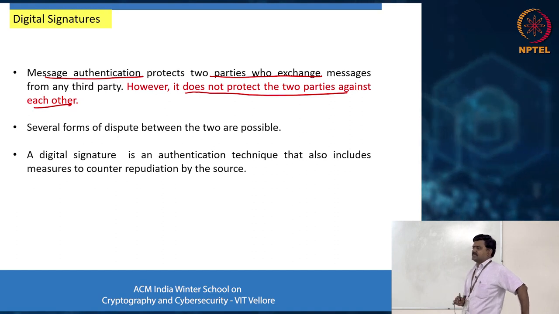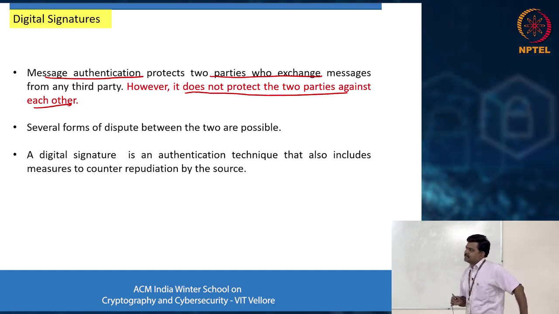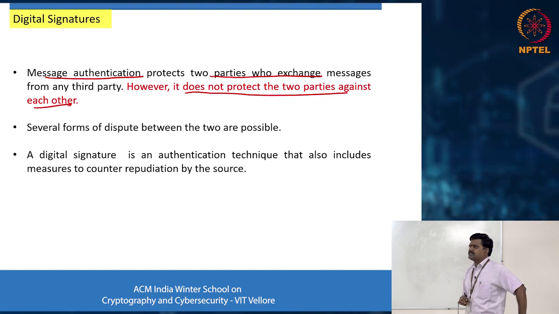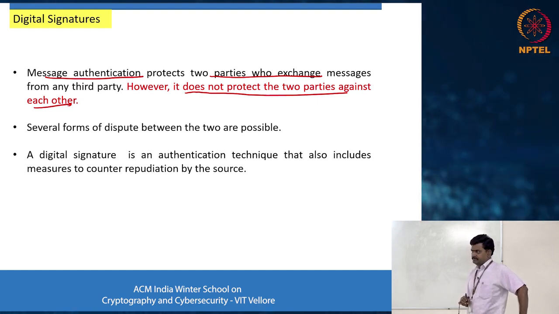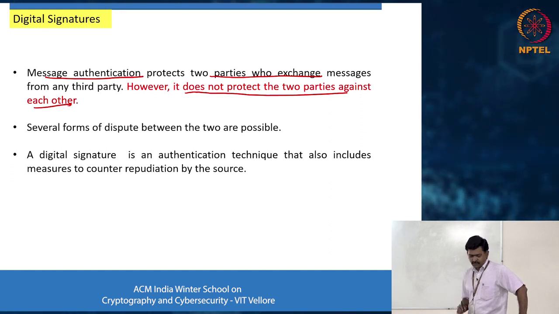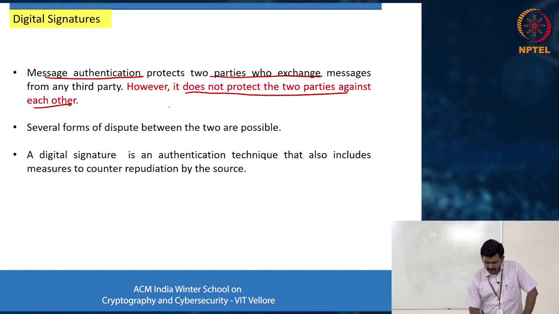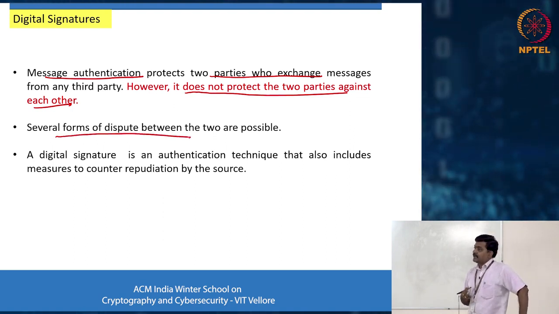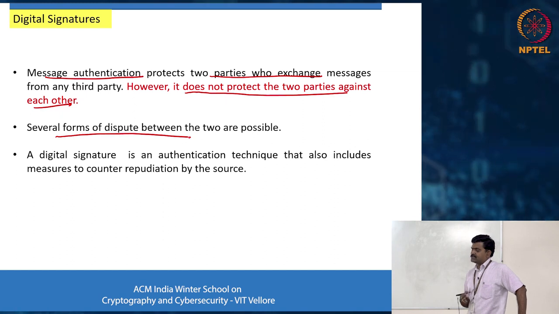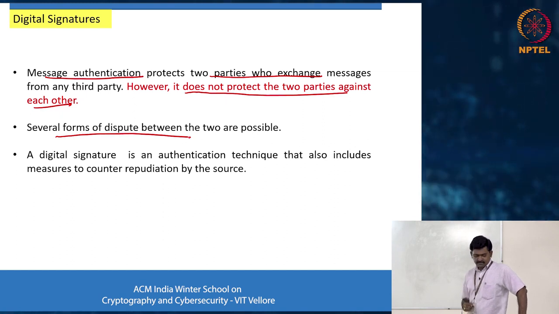Now, the question is this. Alice is sending something to Bob and later says that, no, I have not sent this message, right? So that means the threat is between these two themselves. The point is that several forms of disputes can happen when there are transactions, when there are communications between entities, right?